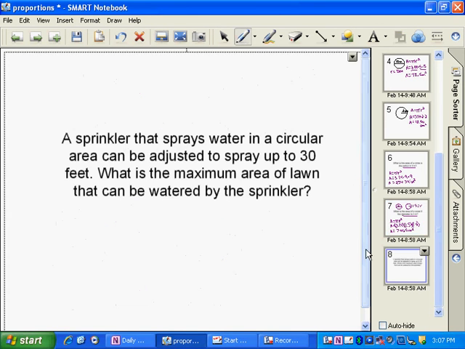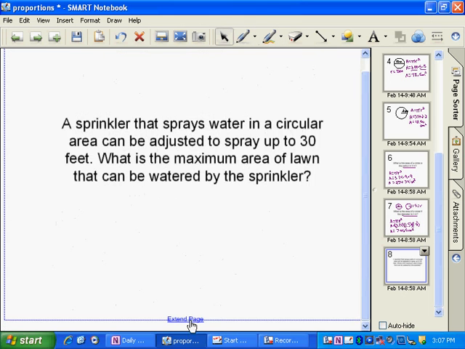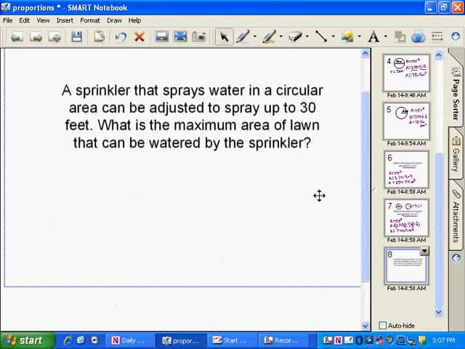All right, and then let's do one more. It says a sprinkler that sprays water in a circular area can be adjusted to spray up to 30 feet. What is the maximum area of lawn that can be watered by the sprinkler?